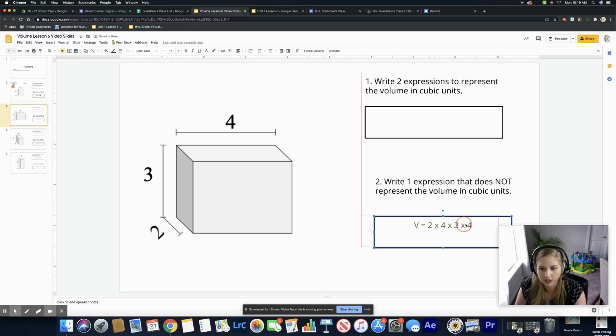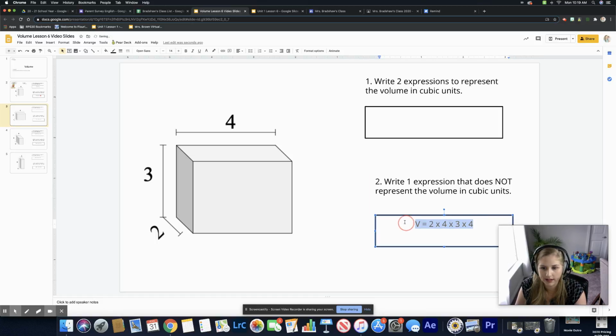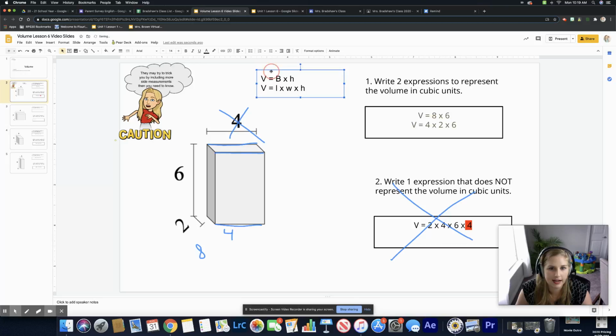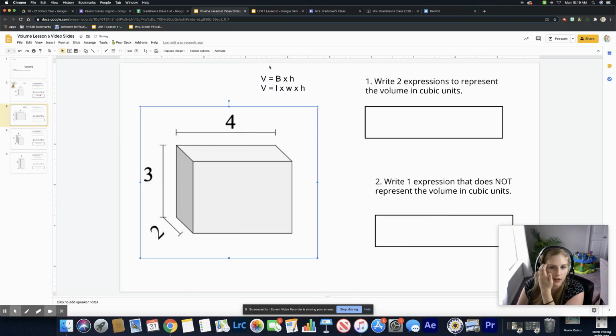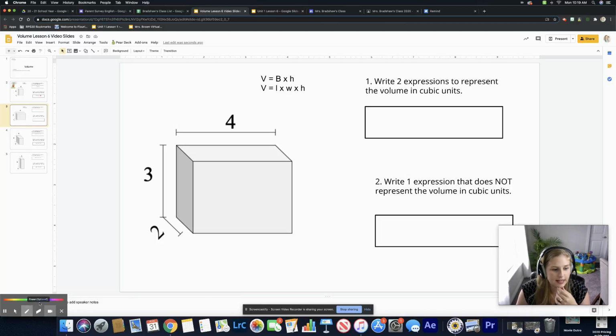So I'm actually going to go back and copy from the last slide our equations. So here are our equations. Volume equals base times height and length times width times height. Those give us the same exact thing. So the first thing I need to do is figure out what my base is. So if this is 4, then this is 4, then this is 4. 2 times 4 is 8.